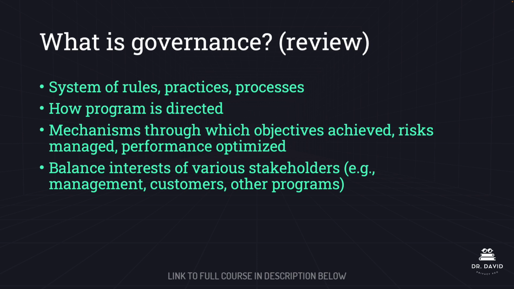These rules, practices, and processes determine how the program is directed. Governance consists of a number of mechanisms through which the objectives of the program are achieved, risks are managed, and performance is optimized. And governance helps to balance the interests of various stakeholders throughout the organization.